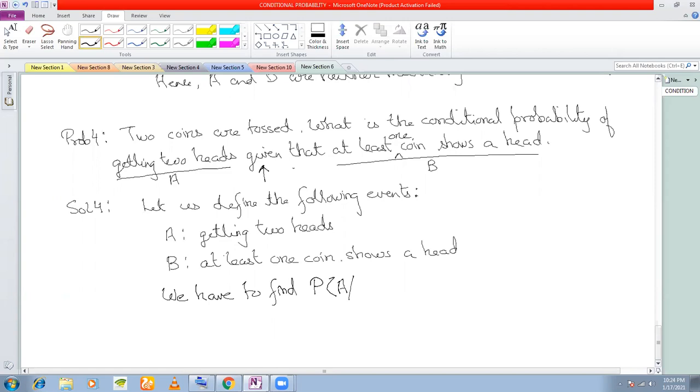What is the next event? B. That means P(A/B). We have to find the probability of the event A given that B has already occurred: probability of getting two heads given that at least one coin shows a head. Clear with how to frame the event?